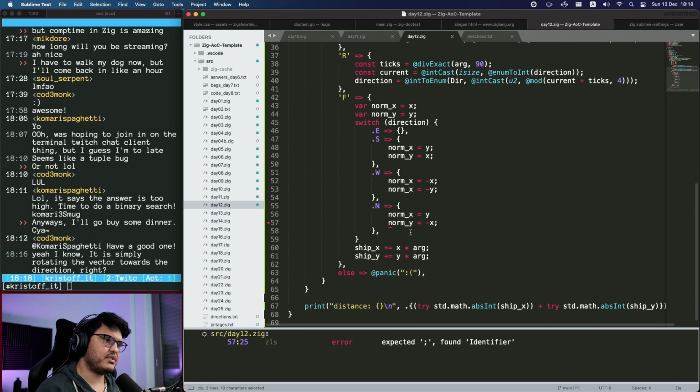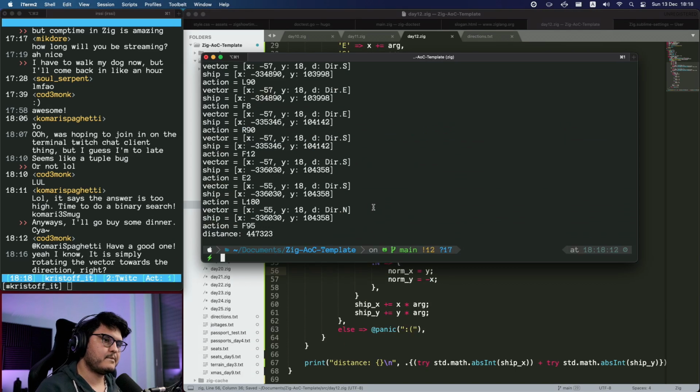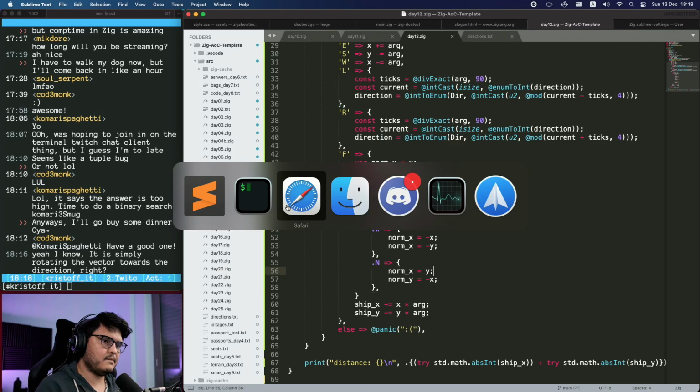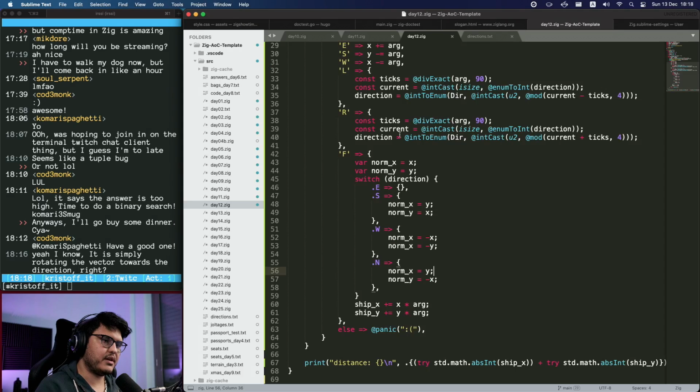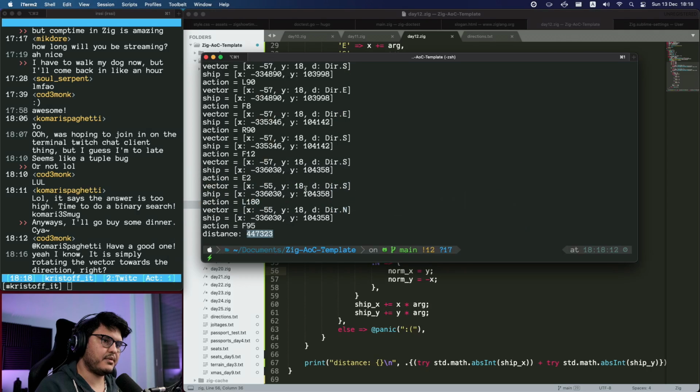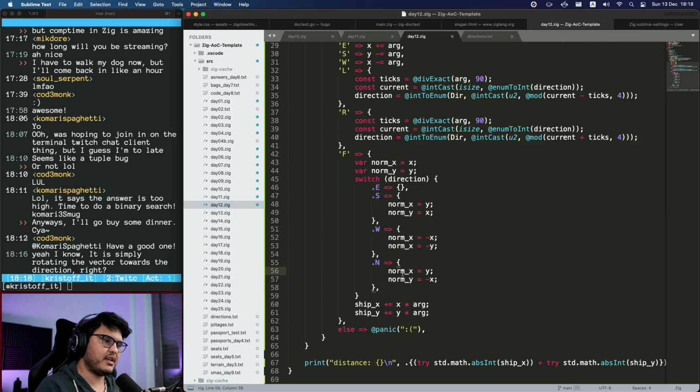Expected token found symbol. Yes. Wait, is this number bigger or lower? Wait, is this giving me the same number, 443? Oh yes, because I need to then change this.